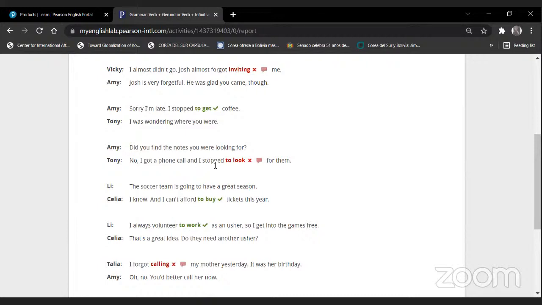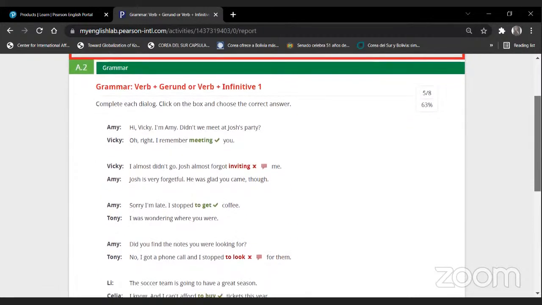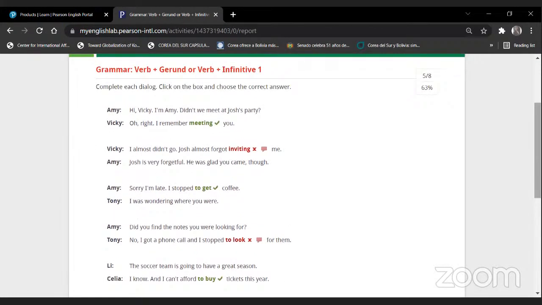In the first one, where you put stopped with infinitive, you could write it that way, because when you use infinitive you always have a noun after it. But if you have the verb stop with gerund, after it you have for plus object pronoun.